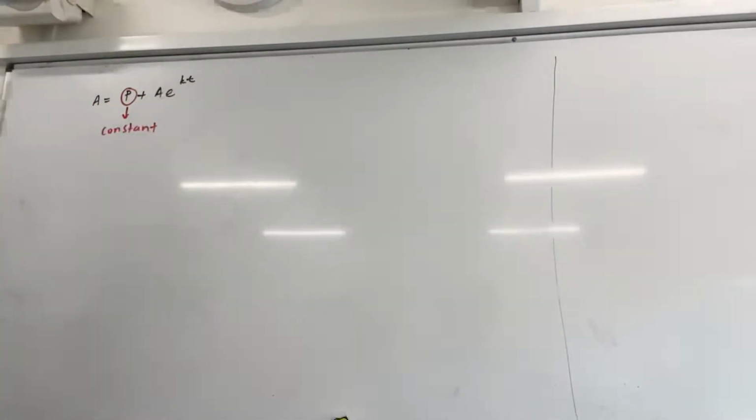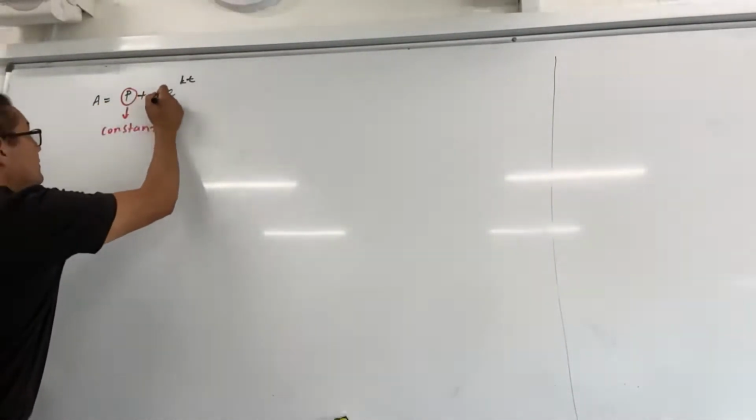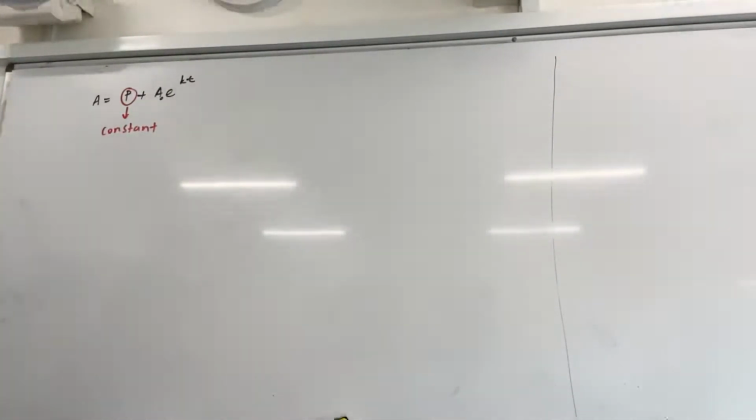The fact that I have, I should call this A0. A0 normally would mean that the y-intercept, where I start, is A0, but not in this case, is it? In this case, at time equals 0, my y-intercept is going to be P plus A0. And then it's going to start up, and it's going to look like this.